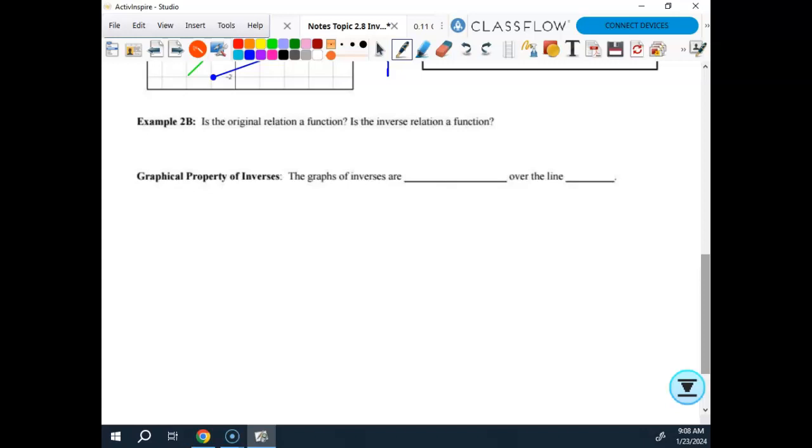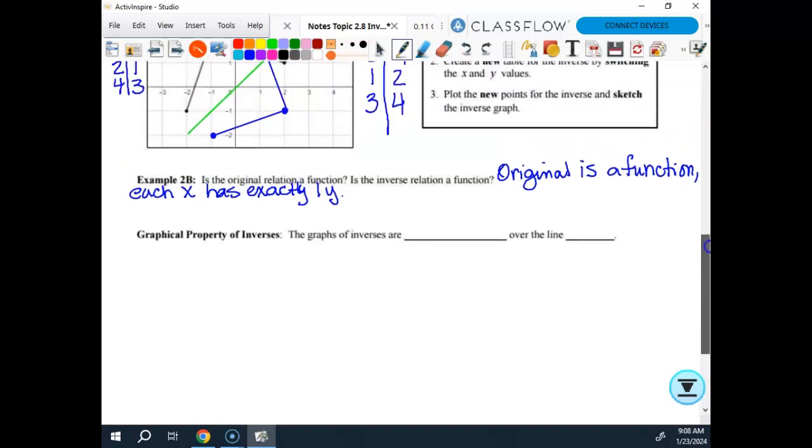So I'm going to say original is a function, and that's because each x has exactly, and that word exactly is important, exactly 1 y. You agree with that? And that's why we pass the vertical line test, because each x has exactly 1 y.